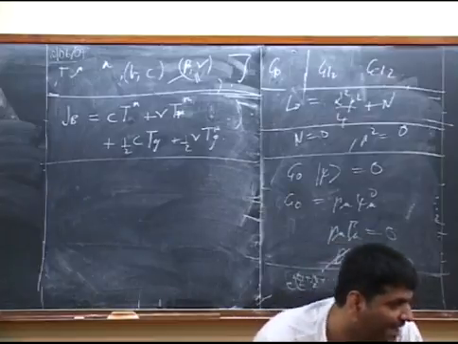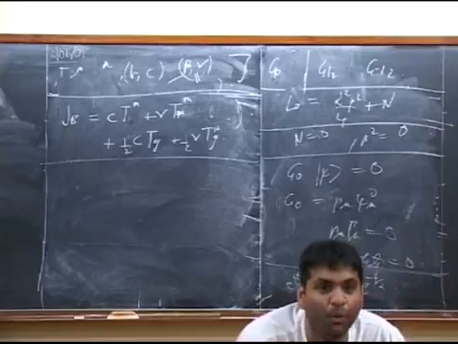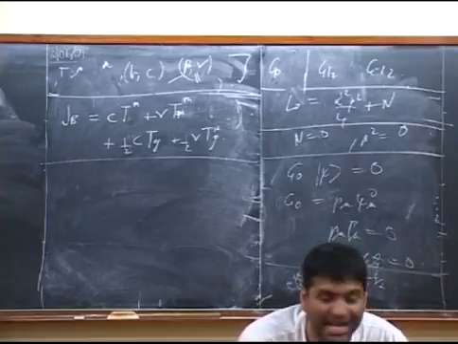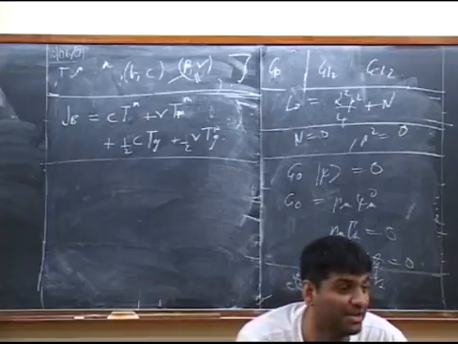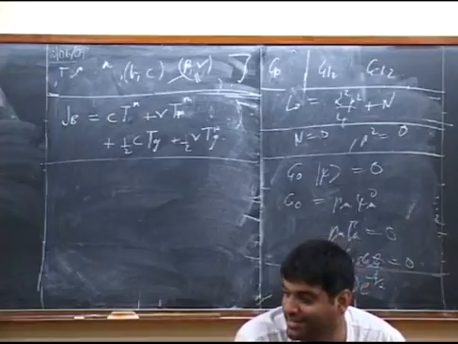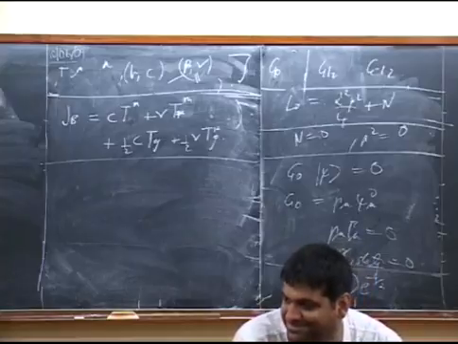Further, we have to check that the JJ OPE contained no 1 over z squared terms, because that would represent an anomaly in Q squared, in the charge squaring to 0. Okay?